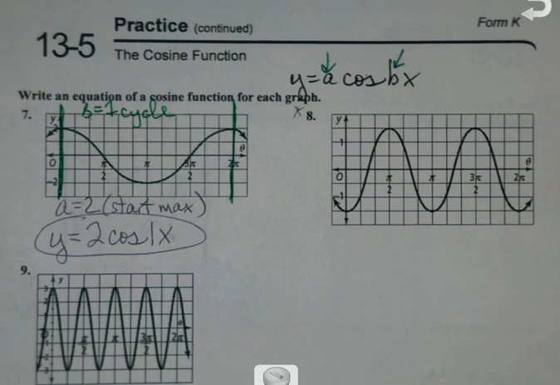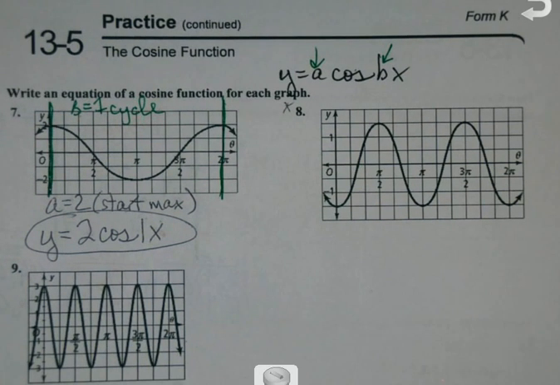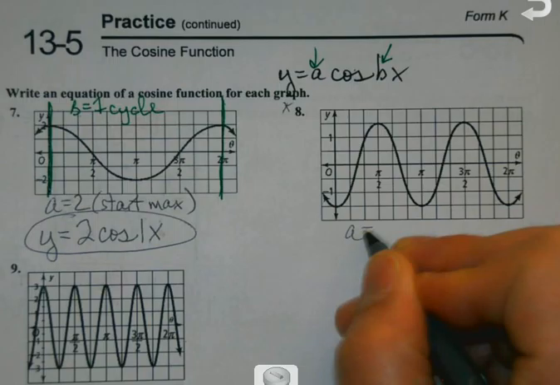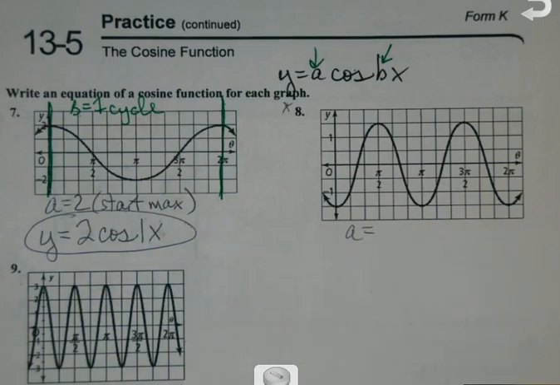We'll go ahead and do 8 anyway, because I know we're going to see plenty more of these coming up. So again, I look and I go, okay, my a value this time, what is it going to be? Now, I'm assuming at this point I'm hearing some of you say -2. Some of you may be saying something else, because -2 is not right. Why not?